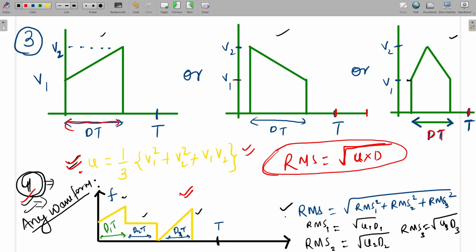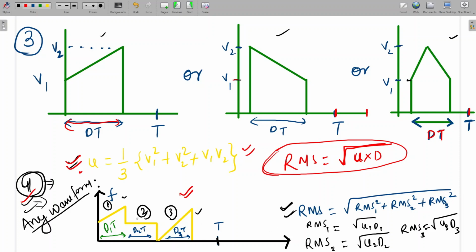So RMS will be the square root of RMS 1 whole square plus RMS 2 whole square plus RMS 3 whole square. This is the first signal, this is the second signal and this is the third signal. Separately we calculate the RMS of all three signals, and the final RMS will be the root of RMS 1 square plus RMS 2 square plus RMS 3 square.